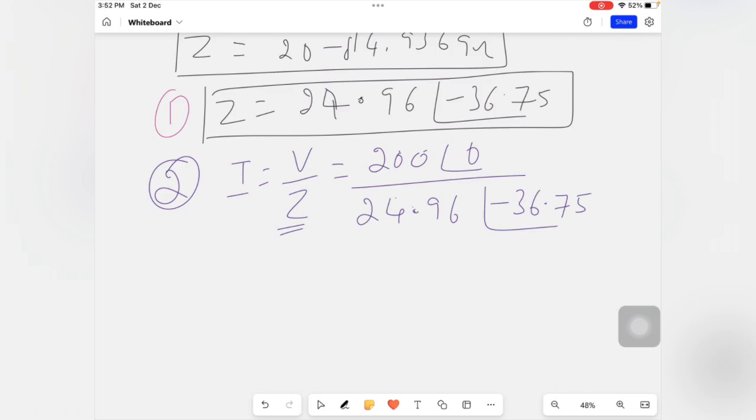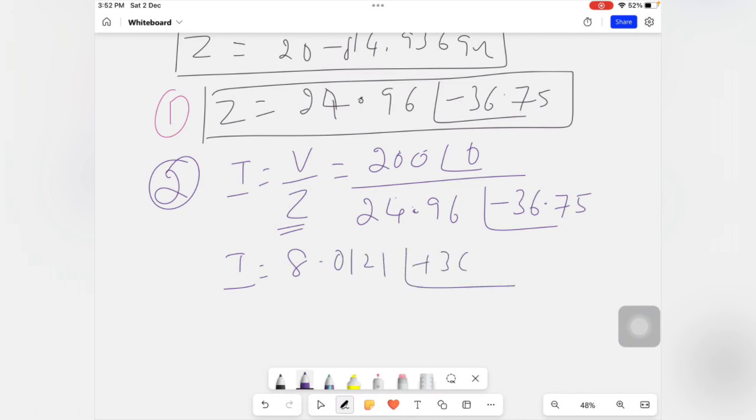So 200 by 24.96 gives I equal to 8.0121 at an angle of plus 36.75, because it goes to the numerator and becomes positive. This is the value of I. This is the second bit.